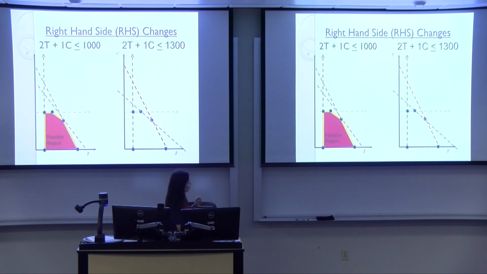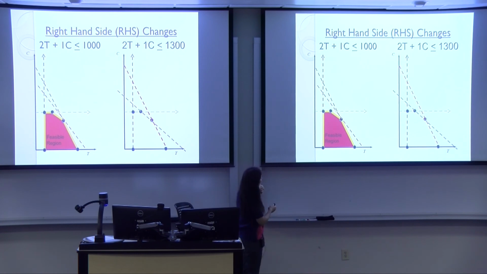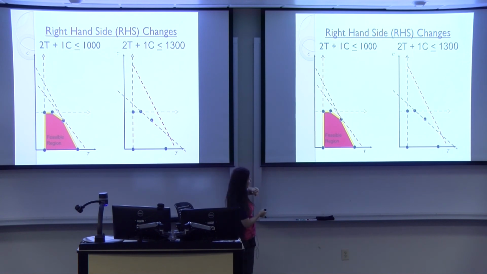So look at the graph. This is the original graph, the feasible region. This is the binding constraint, and if you increase the number of available painting hours, your feasible region changes to this, because you move this line up.